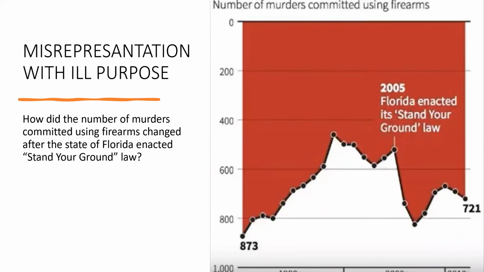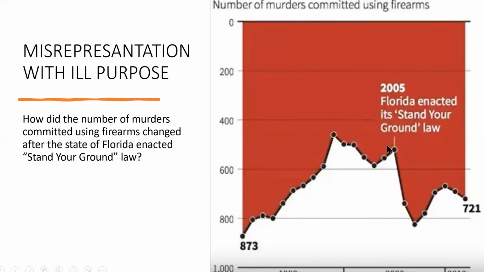Even though the previous example was most likely an unintentional error, there are some graphs that mislead on purpose. Looking at this graph, how did the number of murders committed using firearms change after the state of Florida enacted the stand your ground law? It happened in 2005. Here's that moment.